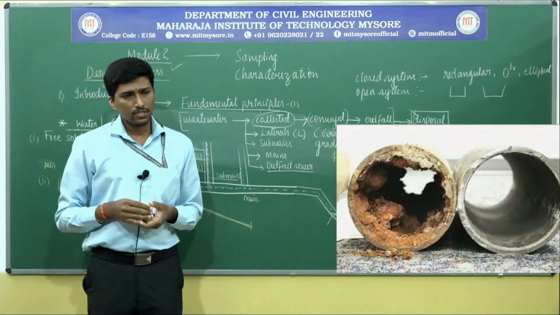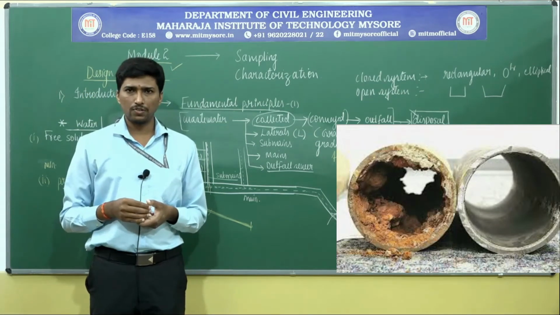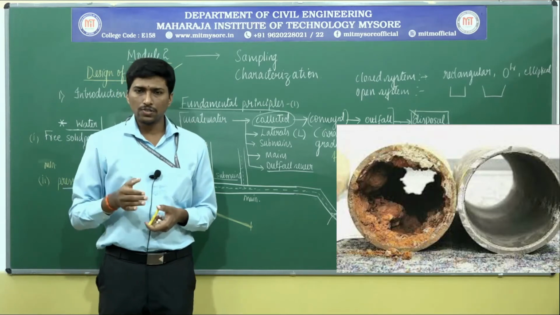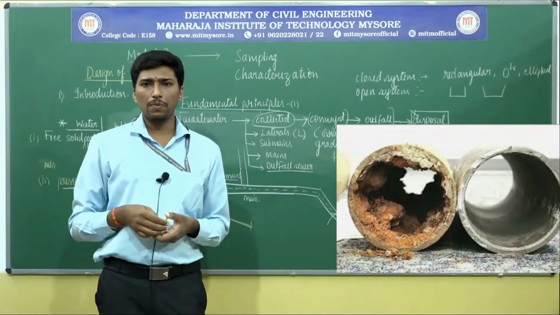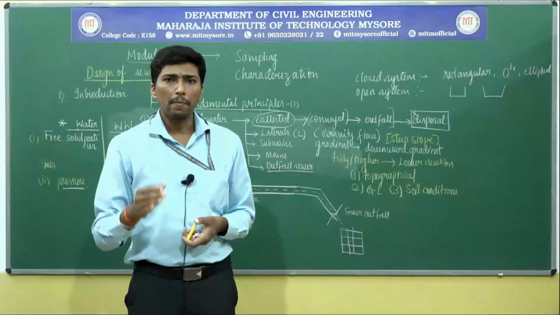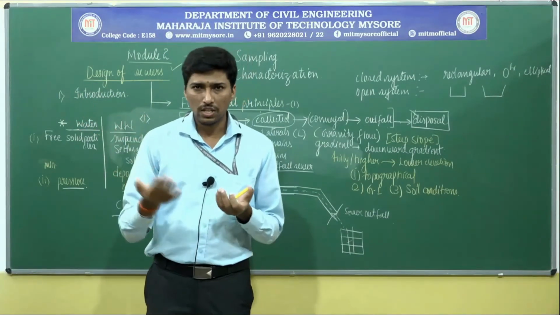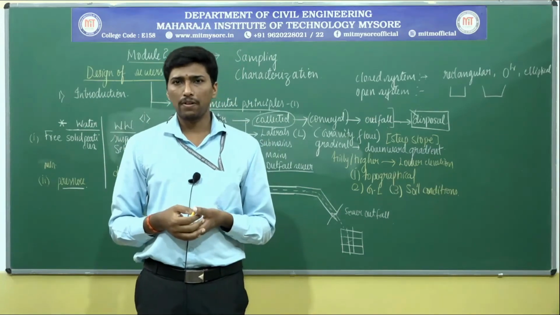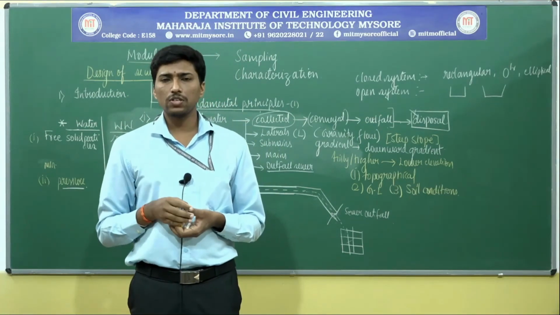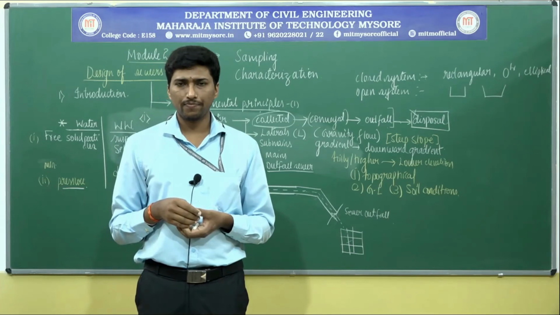We call it silting of the materials. In order to see that the silting of the materials is carried away so that the deposition does not happen, a minimum velocity has to be provided.